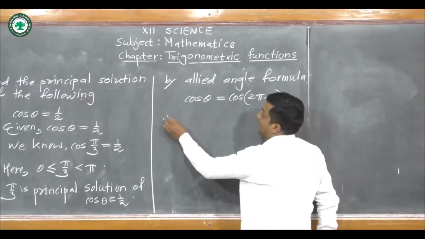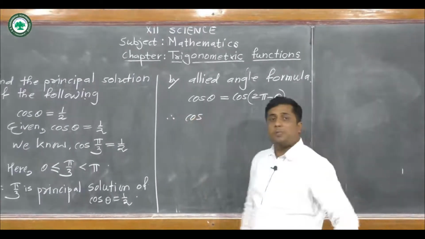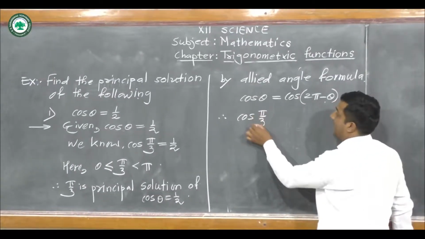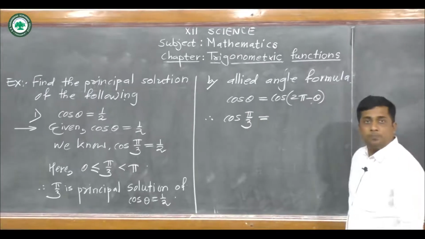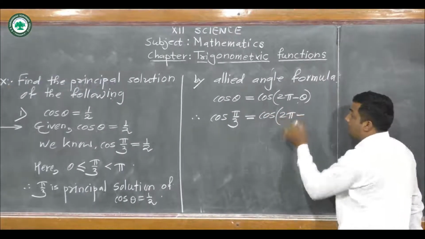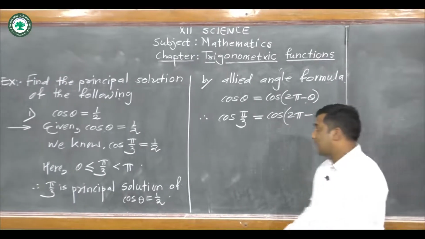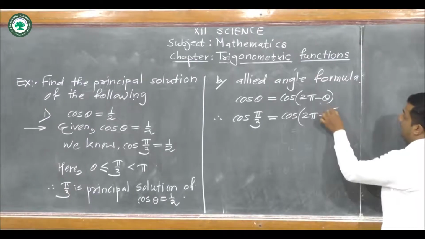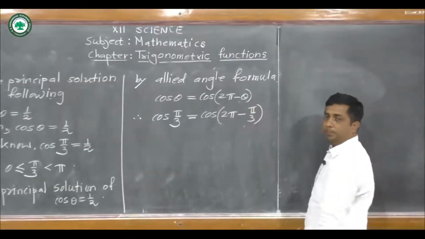We know one of the solutions is pi by 3. So cos of pi by 3 is equal to, in the RHS, cos of 2 pi minus theta. Here one solution is pi by 3, so we replace theta by pi by 3.